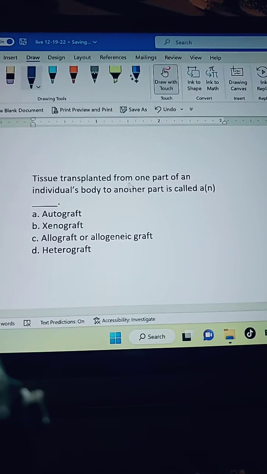Tissue transplanted from one part of an individual's body to another is called what? What do I tell you guys? I tell you this little trick all the time. If you're the driver in the car, then it's autograft. The two sticks in allograft remind me of somebody walking over somebody else's body part and putting it into you.